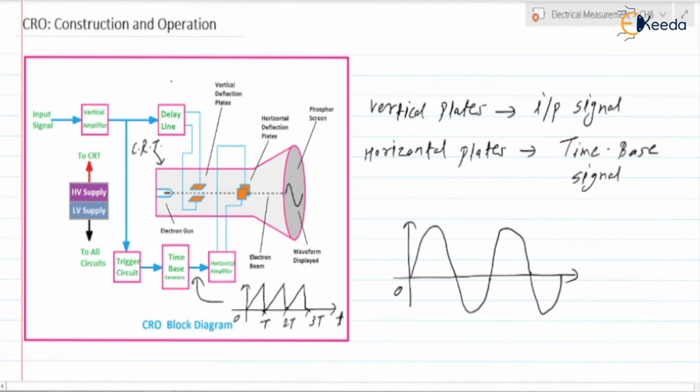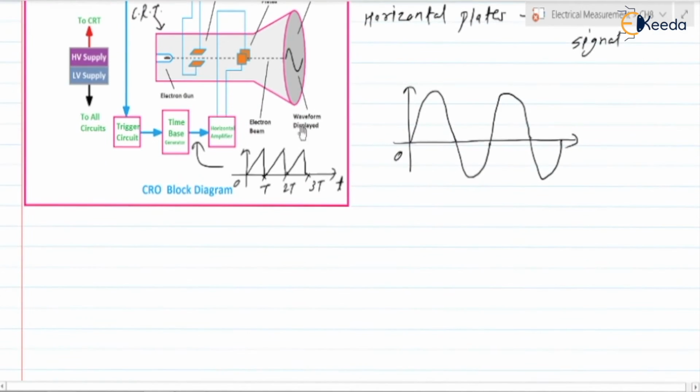This signal we have applied to the vertical plates. This is the input signal, generally represented with Vy.